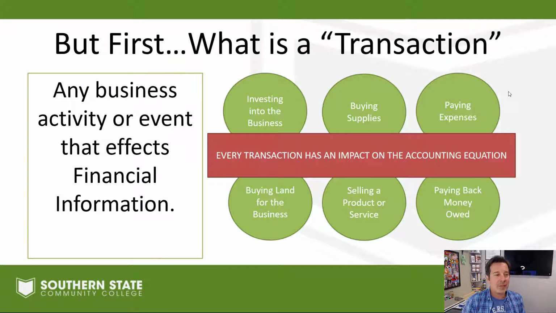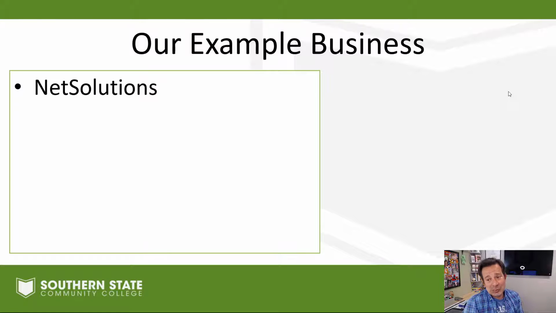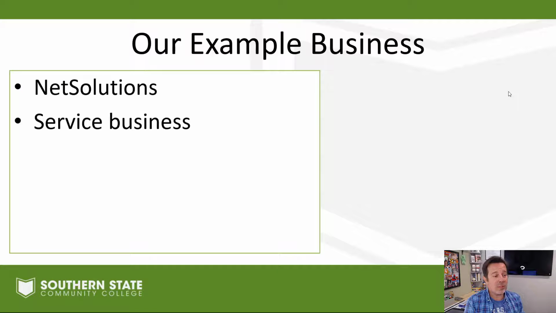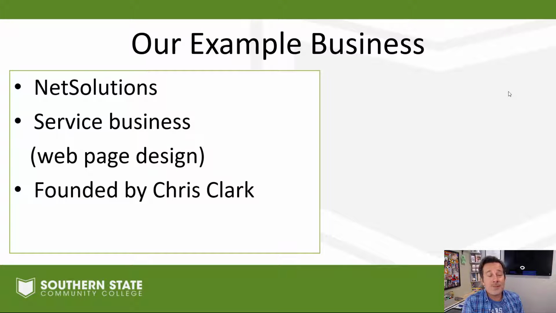Very important. We're going to have an example business or a sample business that we're going to be working transactions for. Net Solutions is the name of the business. It is a business where the owner is doing web page design, consulting, different stuff like that. Service business, not selling a product, but providing a service to a client. The founder is a person named Chris Clark.